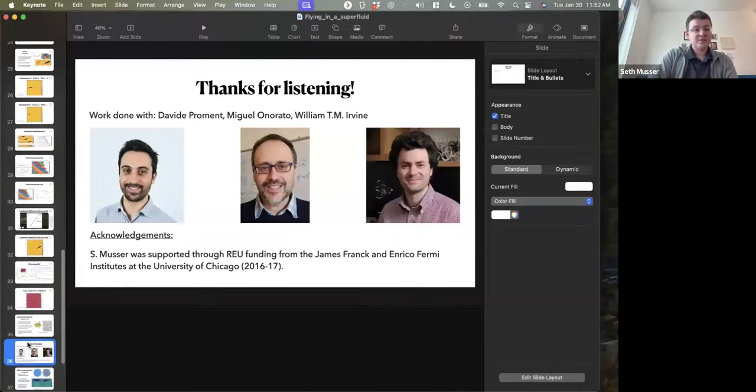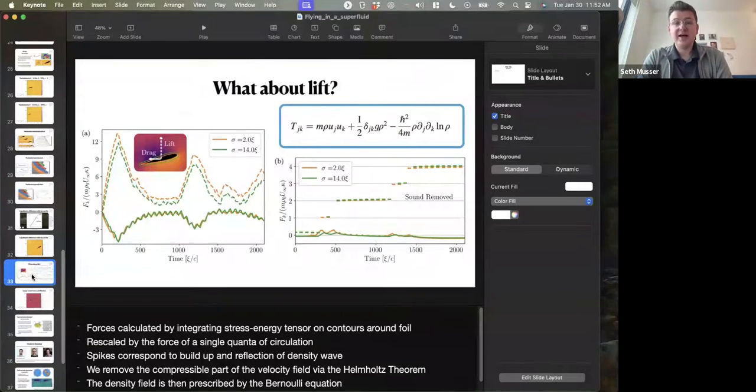Yeah, of course. So we would expect, if there are no large sound waves, that the drag force on the foil may be 0. This is just assuming that the superfluid very closely resembles ideal theory, where it's nearly incompressible and inviscid.